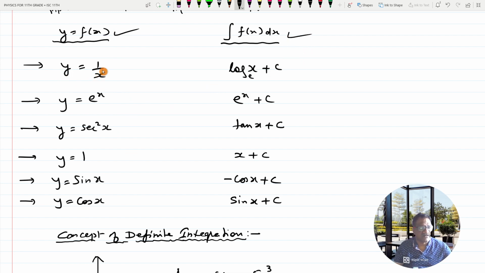Okay. So suppose the function is 1 by x. What will be the integration of that function? The integration of that function will be log x. Now here you will understand one thing. If you have log x as a function and you want to find the derivative, dy by dx, you know the derivative of log x is 1 by x, isn't it?